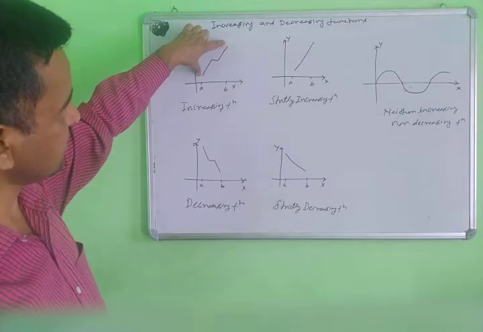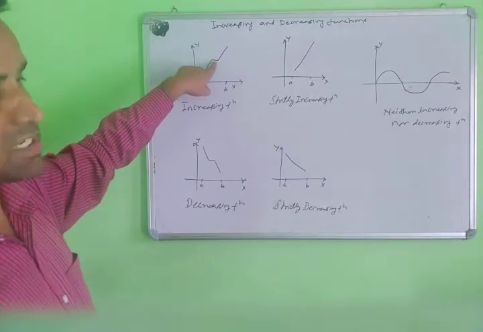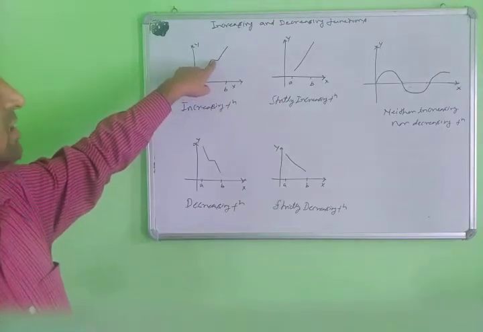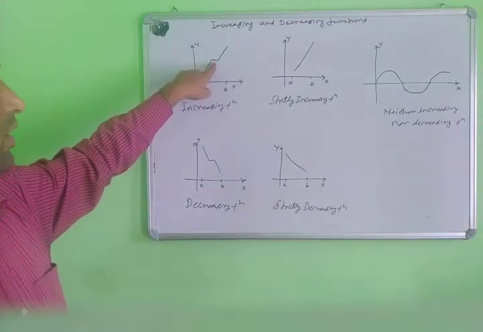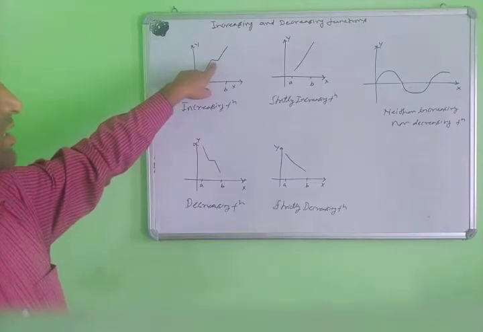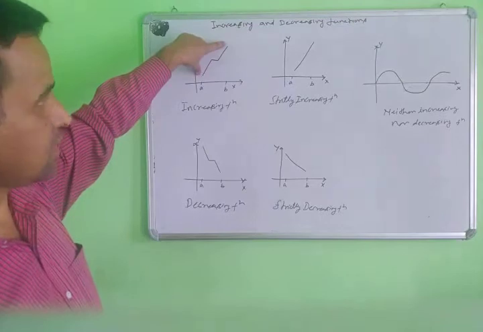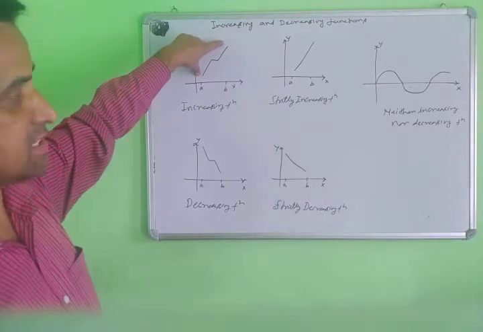Every point is increasing, except in this interval, where the slope of the tangent is 0. But in totality, the function is increasing.